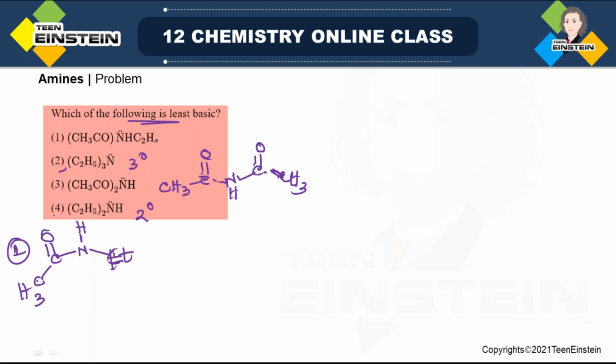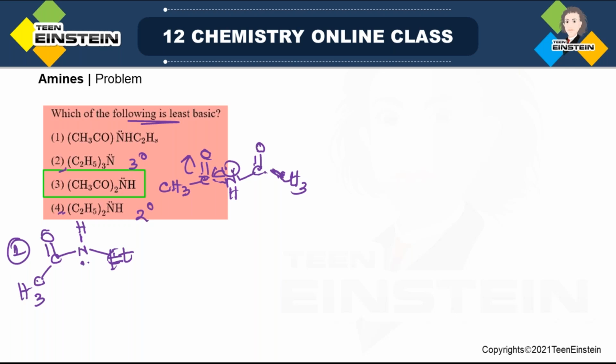So 2 and 4 cannot be the correct option because here lone pair availability, compared to options 1 and 3, will be high. Now among 1 and 3, in which case is lone pair availability very less? It is basically this one, because here on both sides you have 2 electron withdrawing groups. So the lone pair over nitrogen can take part in resonance like this, so it is really not available.